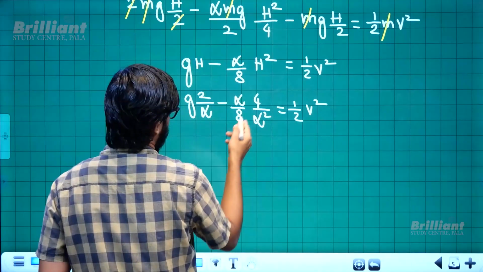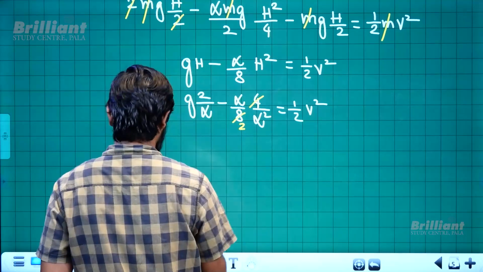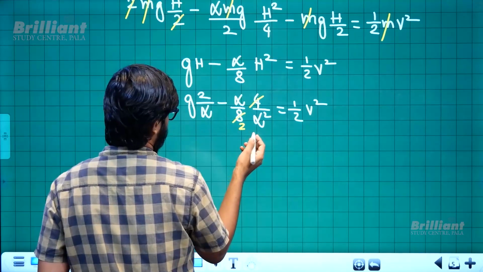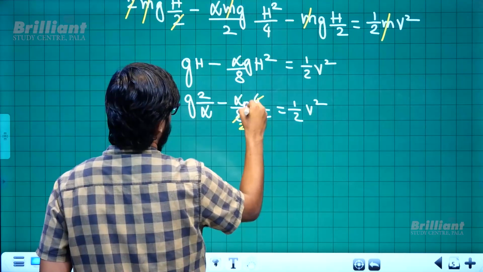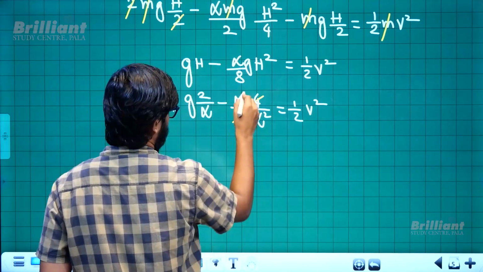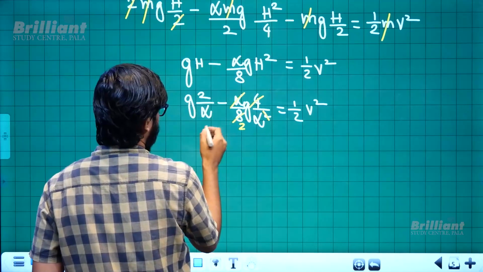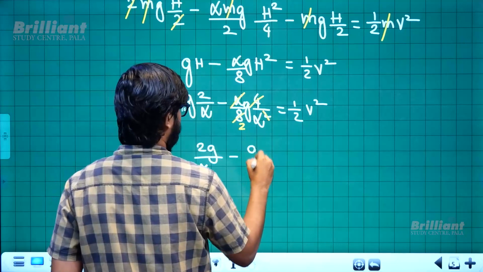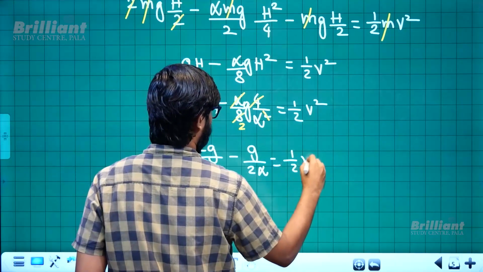Okay, so you will be getting 4 and this will go 2. 2 is 4, 4 minus something is wrong, so there is g here also. 1 alpha and 1 alpha will go, so you will be ending up with 2g by alpha minus g by 2 alpha equals to half v square.